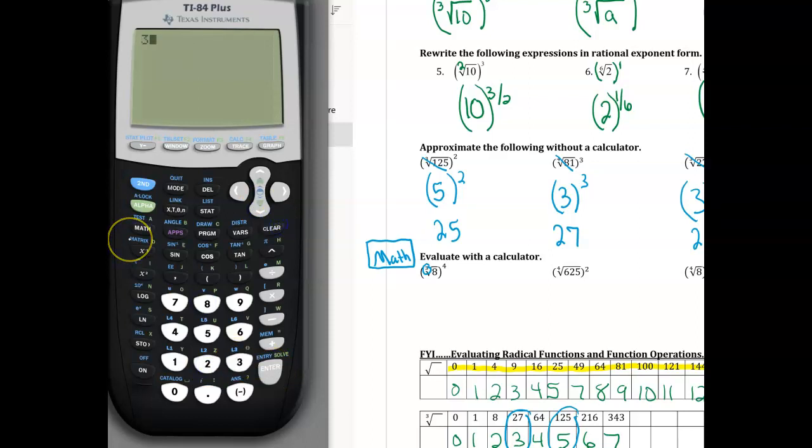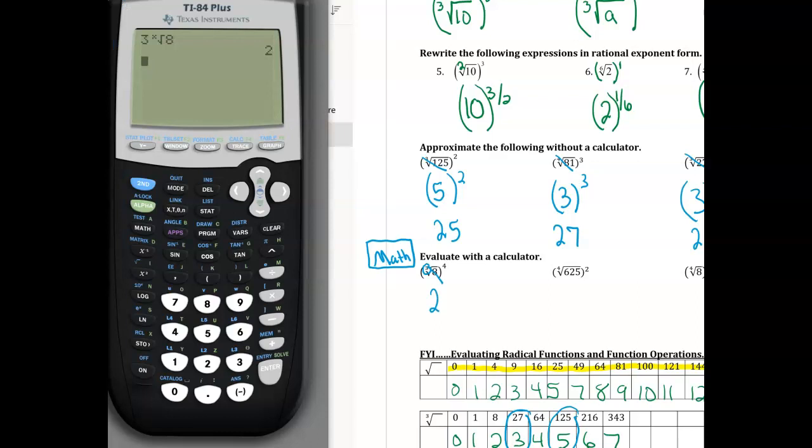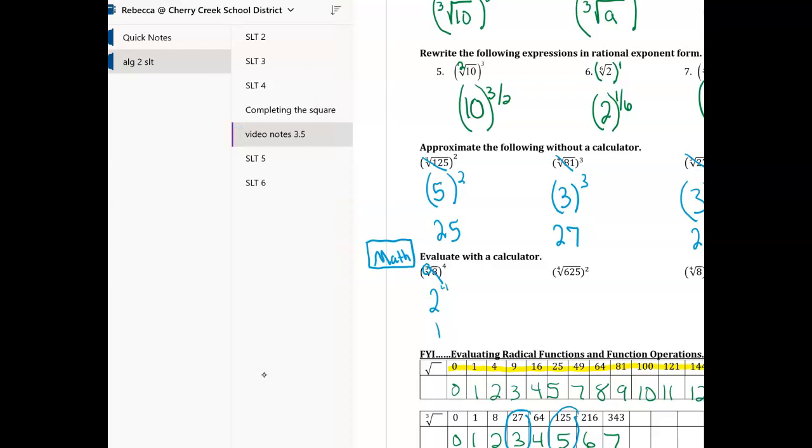Sorry about this. 3 math, 5th option. Now it sees it as the cubed root, put 8 in. I'm going to hit enter, so it gives me 2. And then what I'm going to have to do is take my 2 and hit the exponent key, which is the button above the division, and take that to the 4th power, and I will get 16.